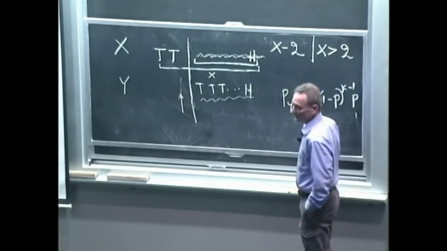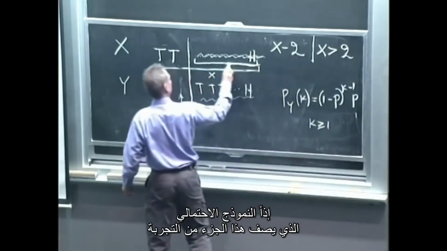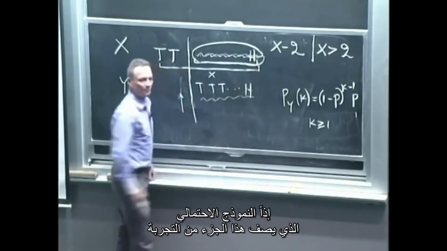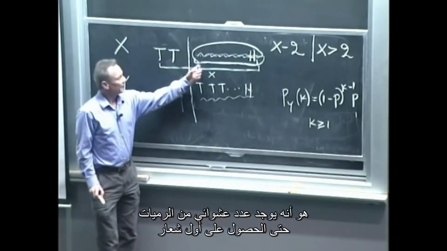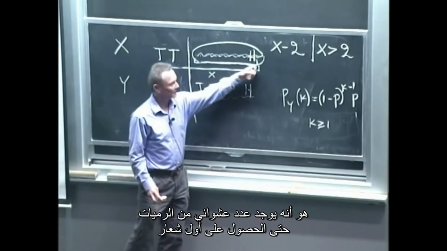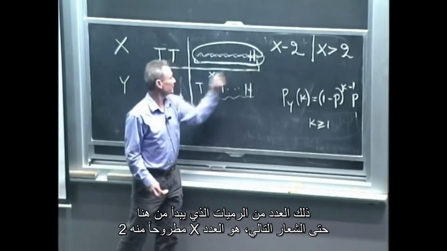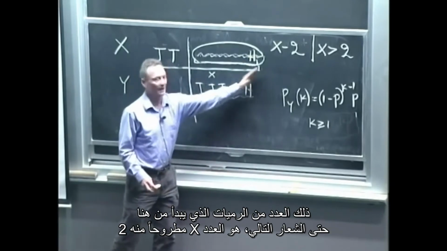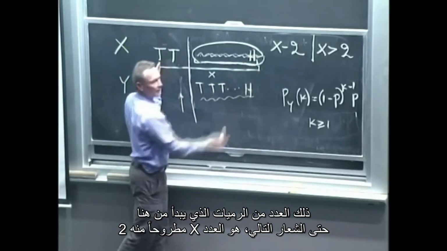So the probabilistic model that describes this piece of the experiment is that it's going to take a random number of flips until the first head. That number of flips starting from here until the next head is that number x minus 2.